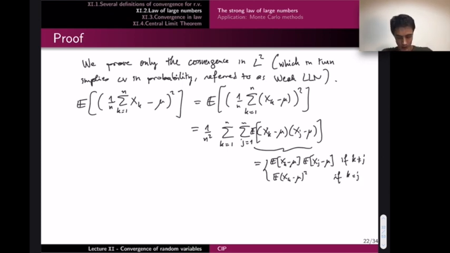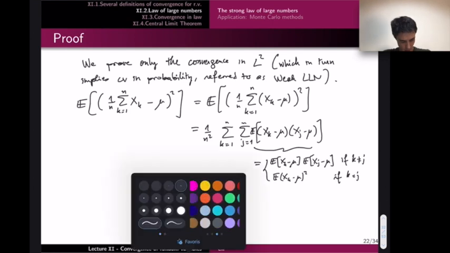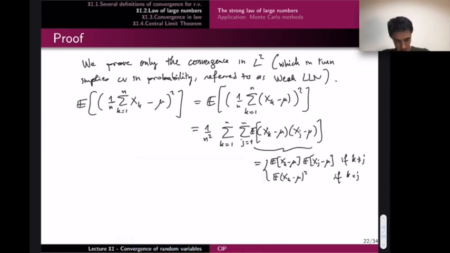Okay, but the first one here is equal to 0 because the expectation of xj is mu. So the first line, if k is different from j, is 0, and the second line, well, this is the variance. This is what we called sigma squared. So altogether this is equal to sigma squared over n.